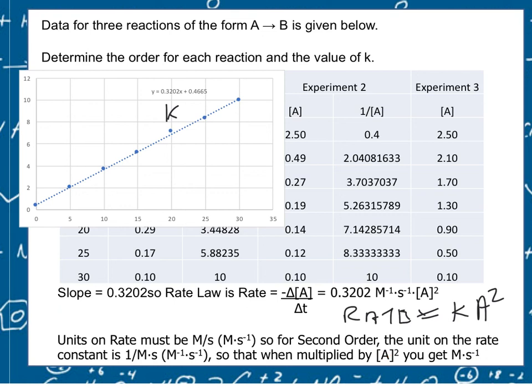So that cancels out when we multiply by molarity squared. We cancel one of those, and that leaves me with my desired final unit for rate, moles per second. So the rate constant has a unit of per molar per second.